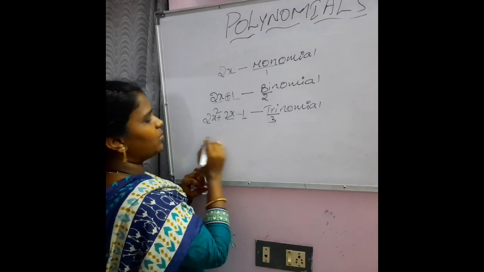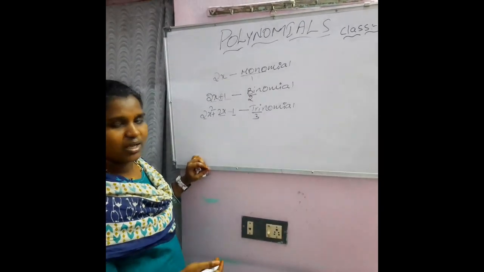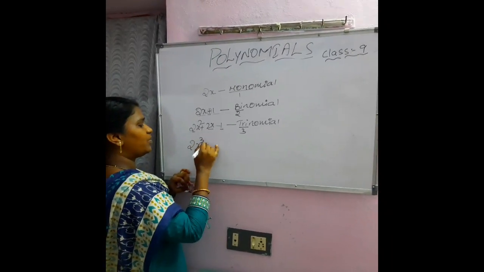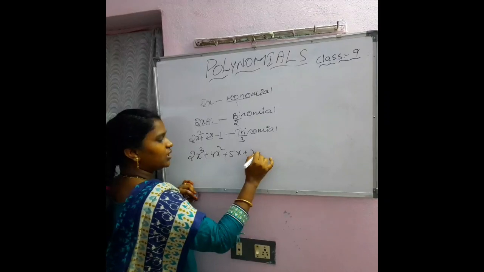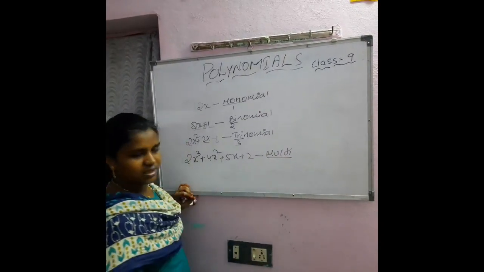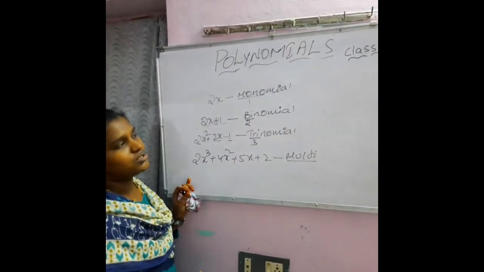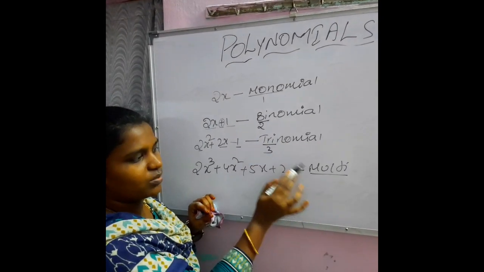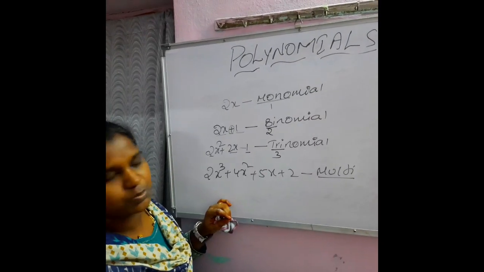A multinomial means more than 3 terms. So let us take 2x cube plus 4x square plus 5x plus 2. It is called a multinomial. Multinomial is nothing but an expression with more than 3 terms. So a polynomial is divided into monomials, binomials, trinomials and multinomials based on the terms contained in the expression.